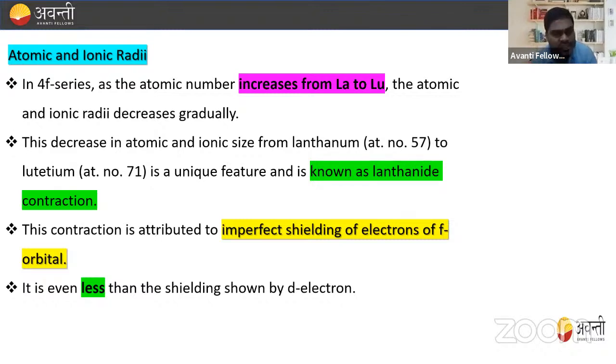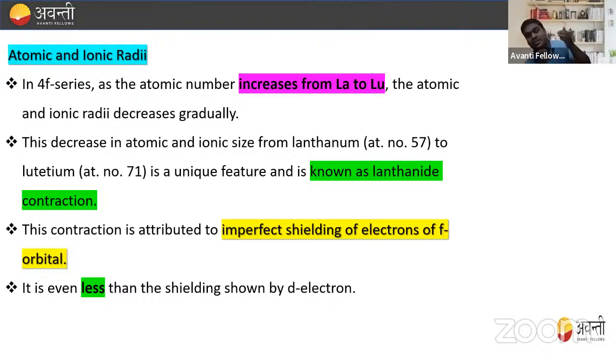This decrease in the atomic and ionic size from lanthanum, atomic number 57, to lutetium, atomic number 71, is a unique feature known as lanthanide contraction. This contraction is attributed to the imperfect shielding of electrons of the f orbital. So always remember this point.